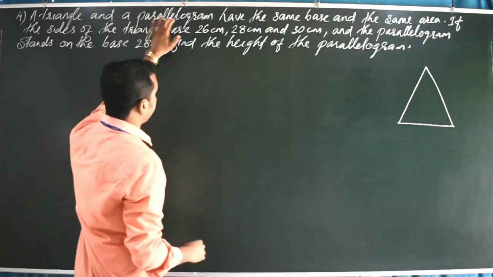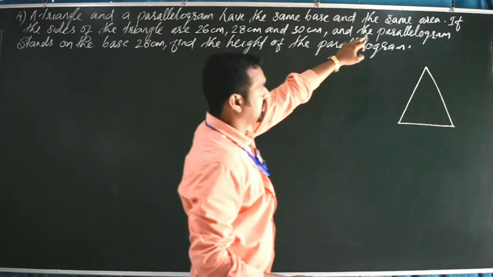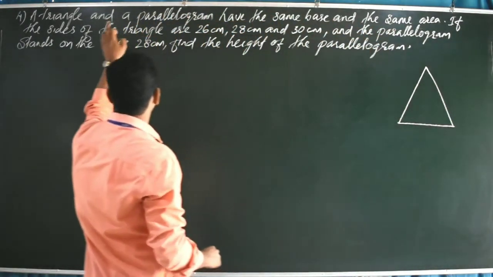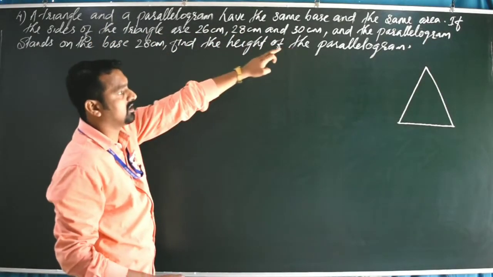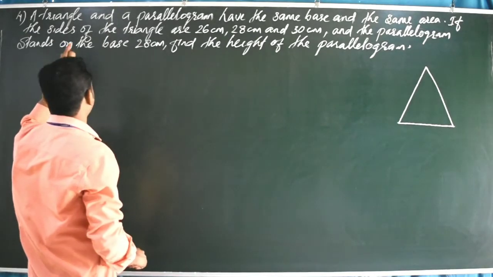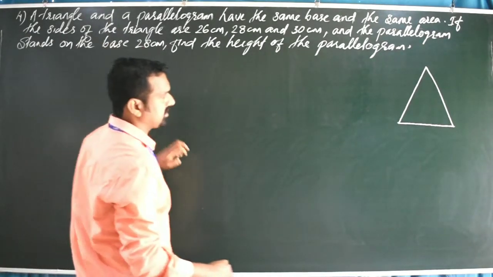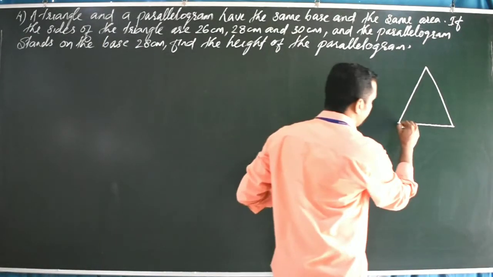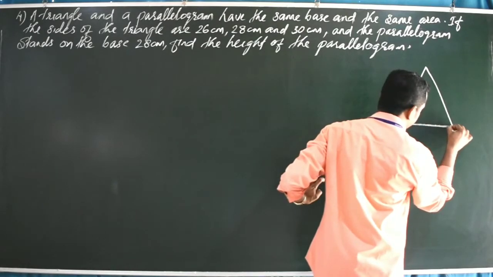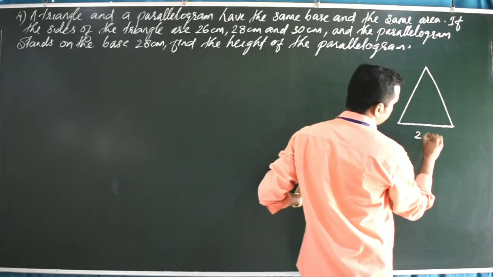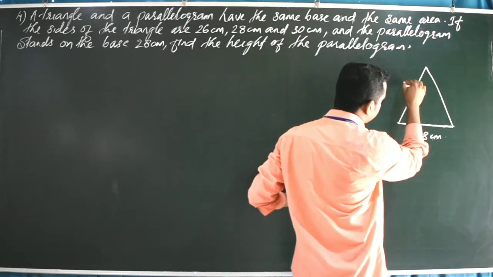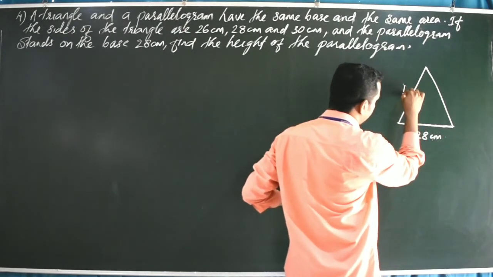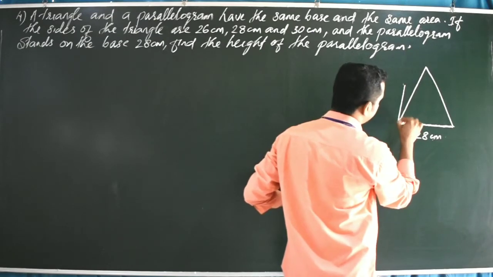The parallelogram stands on the base 28 cm, that means the base of the triangle is 28 cm. This parallelogram stands on this base.